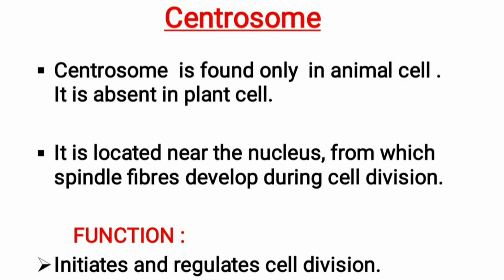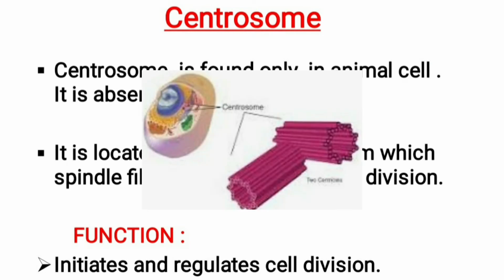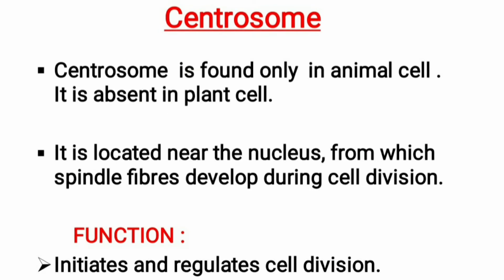Next, centrosome. Centrosome is found only in animal cells. It is absent in plant cells. Here is the centrosome. It is located near the nucleus, from which spindle fibers develop during cell division.